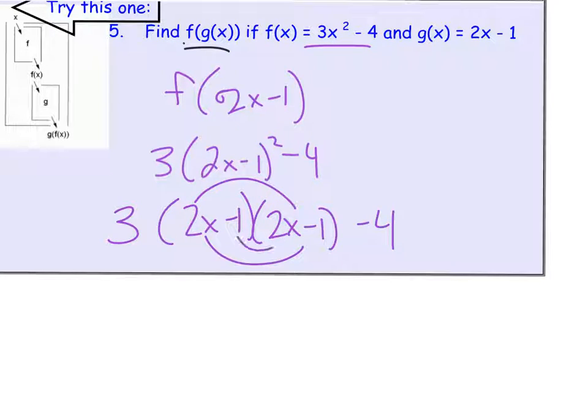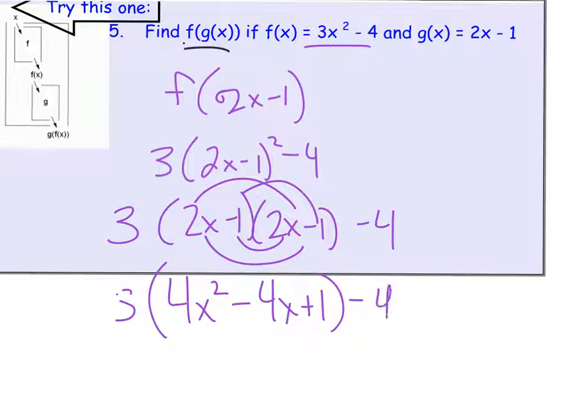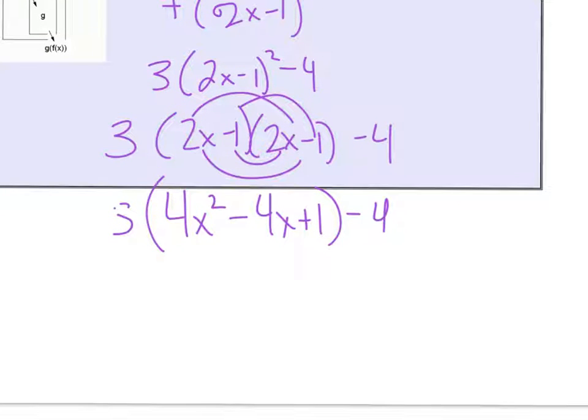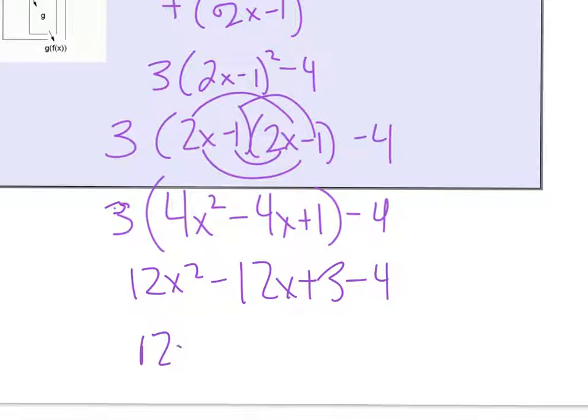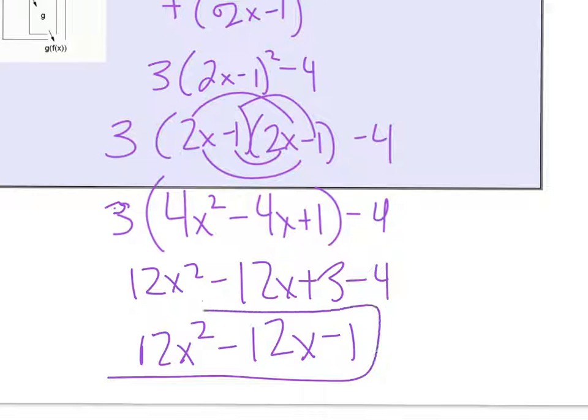So 4x squared minus 2x minus 2x plus 1, times 3. So that's going to be 12x squared minus 12x plus 3 minus 4. And now, hang with me. I know it's a tough question. We're almost done. Right there. Boom.